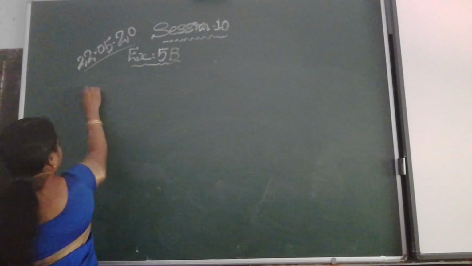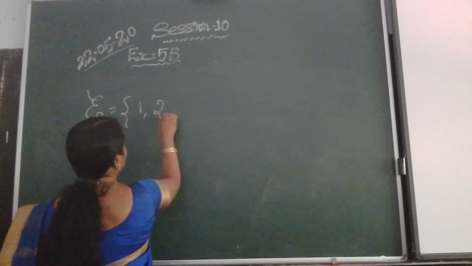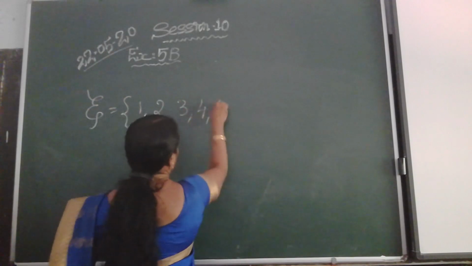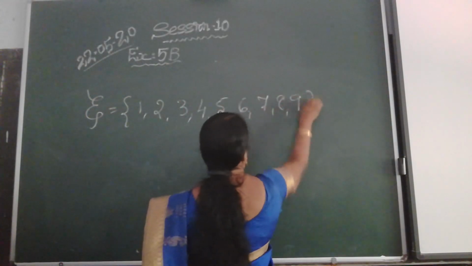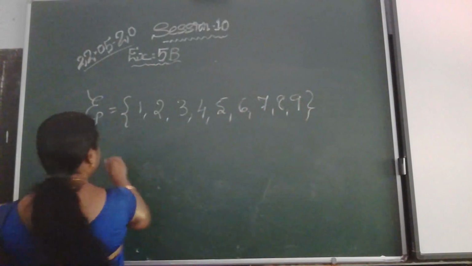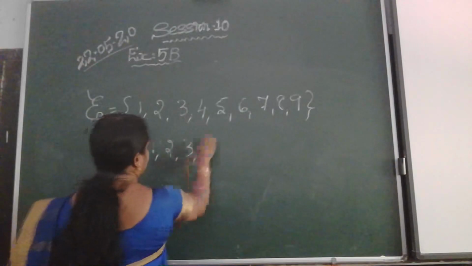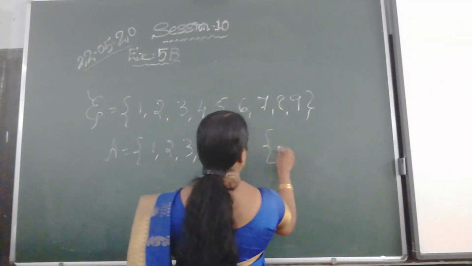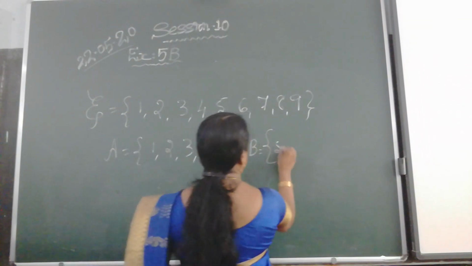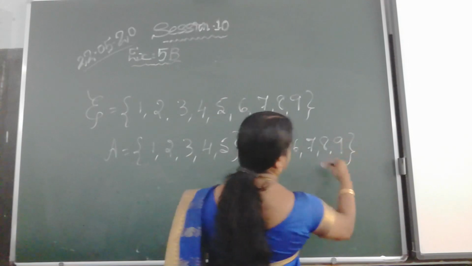Suppose the universal set is given as 1, 2, 3, 4, 5, 6, 7, 8, 9, and A is given as 1, 2, 3, 4 and 5, and B is given as 5, 6, 7, 8, 9.